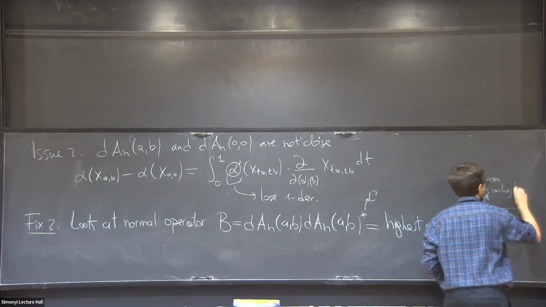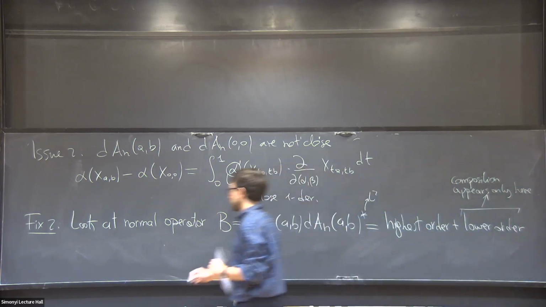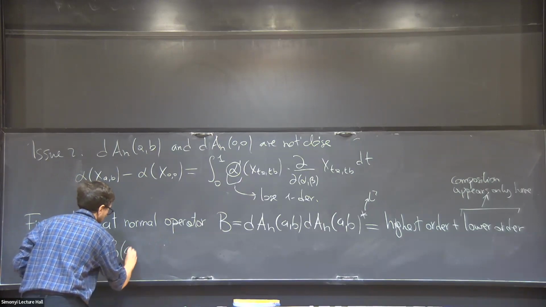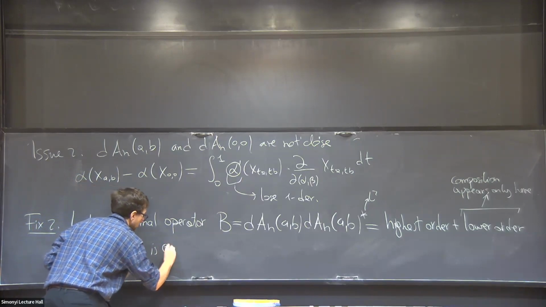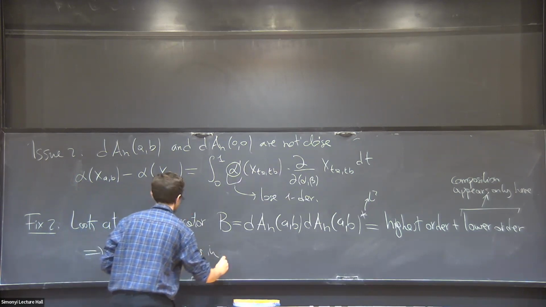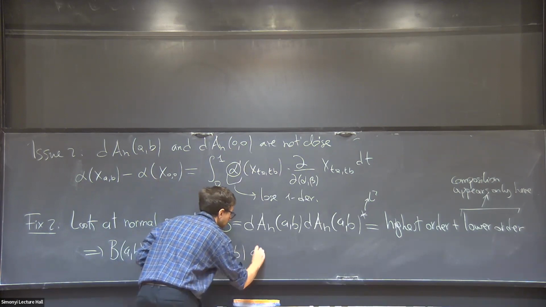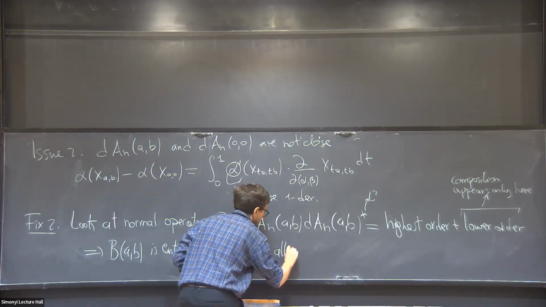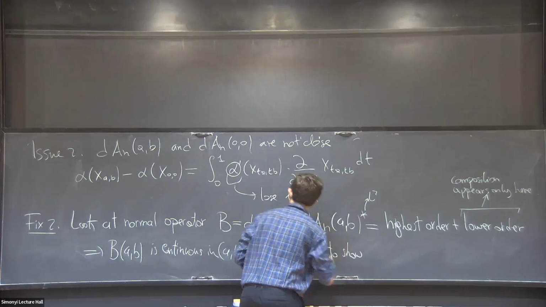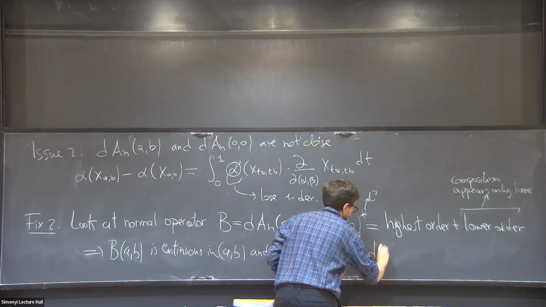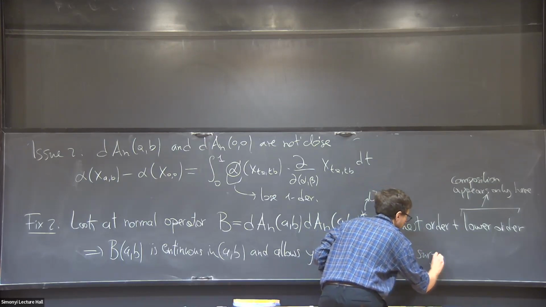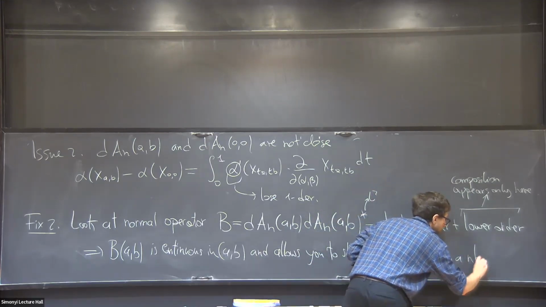Composition appears only here. And so this tells you that basically now this B could be continuous. Now it's continuous in AB, and allows you to invert, allows you to show that the HAB is surjective in a neighborhood.